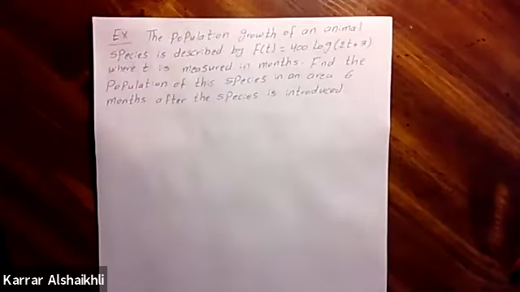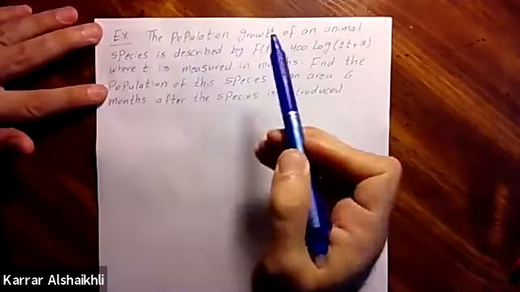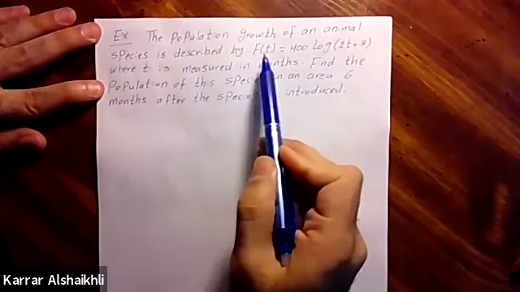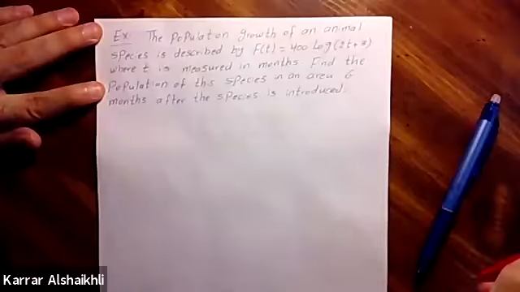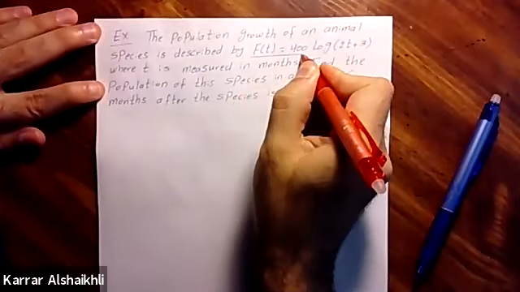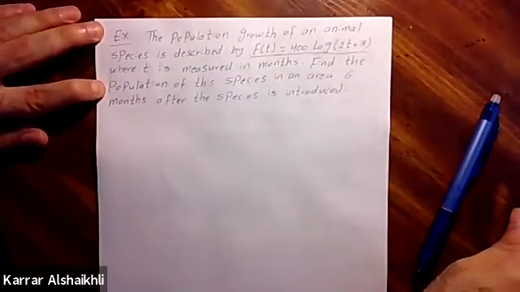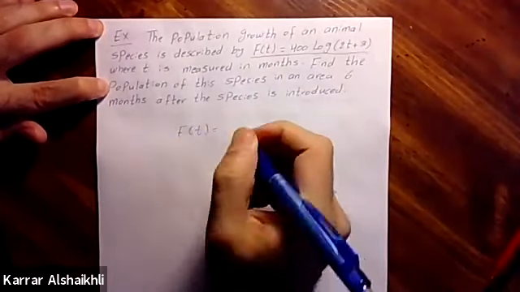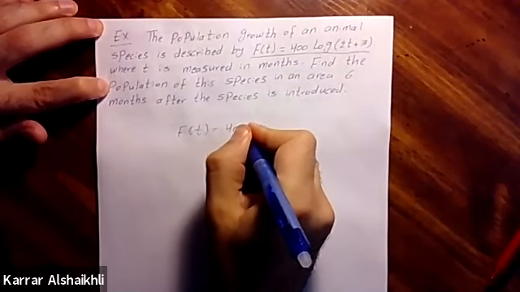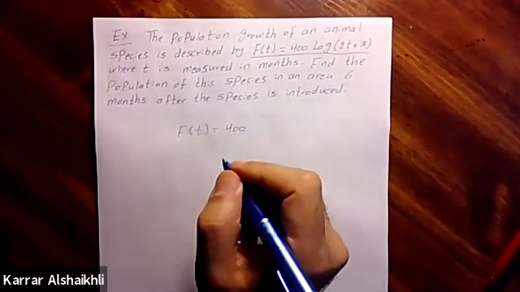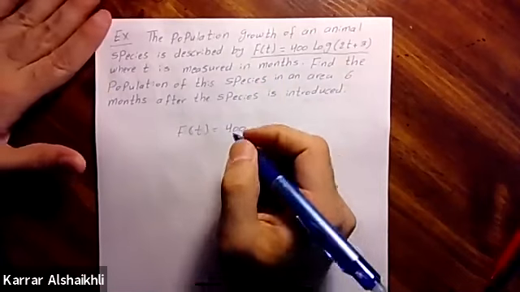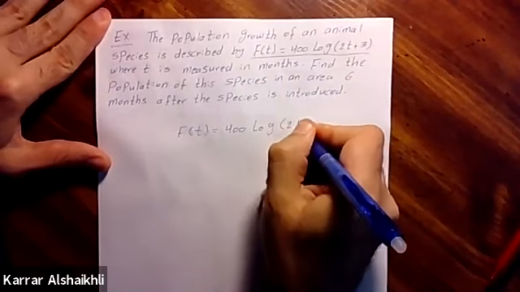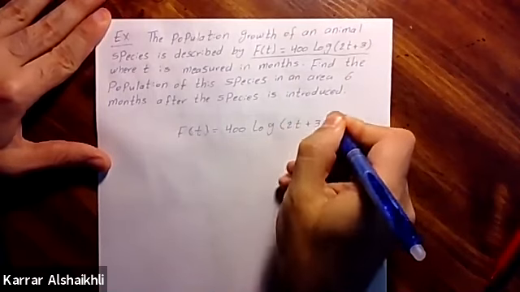Down this example. They said the population growth of an animal species is described by this formula. This is the important part. So I'm going to take everything here and write down f of t equals 400 log of 2t plus 3.